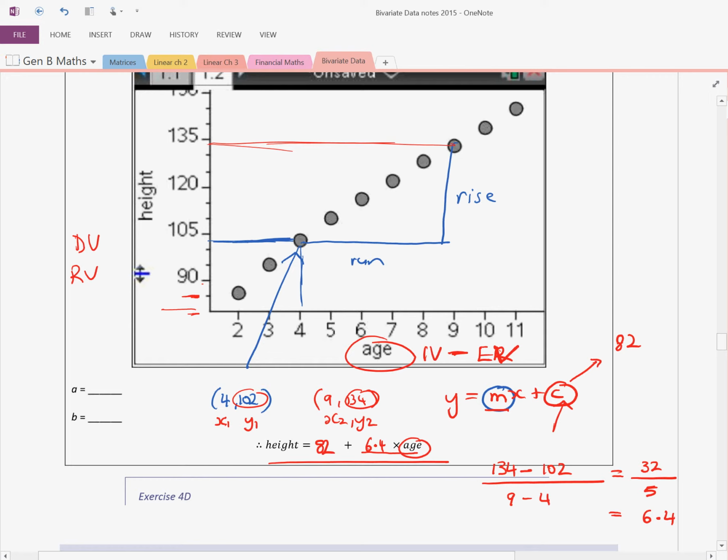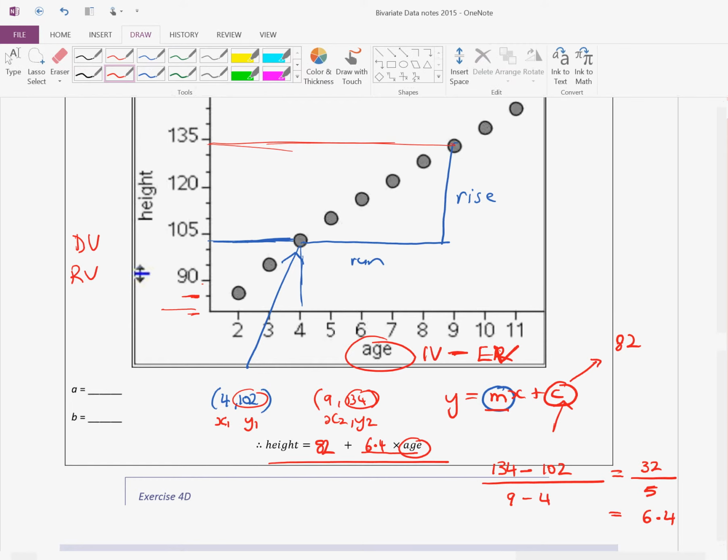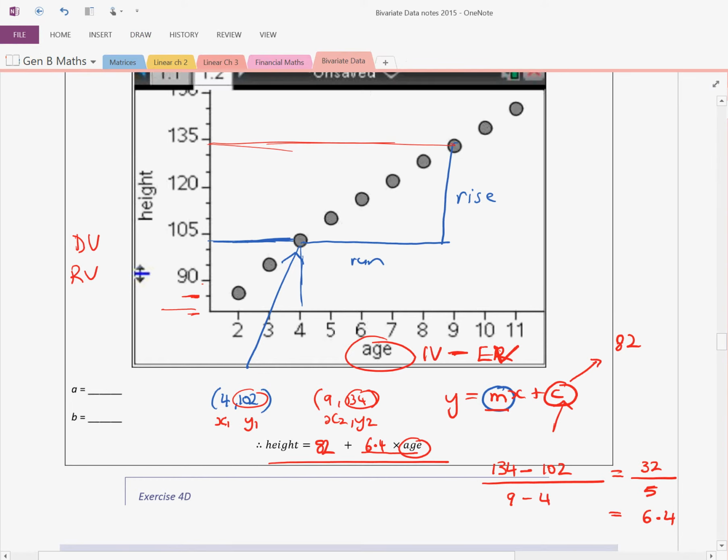Let's do a little bit of a test now, just to see how accurate we are. Let's just say, at age 10, because this is an example over here, what did we see here? A height of about 140, do you think? About there? Let's test it out.